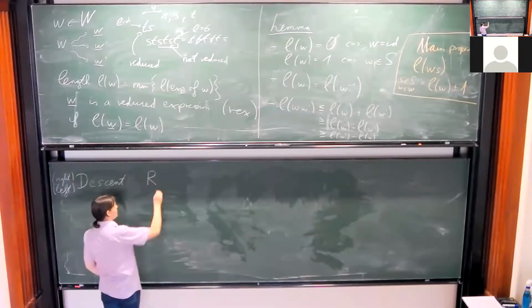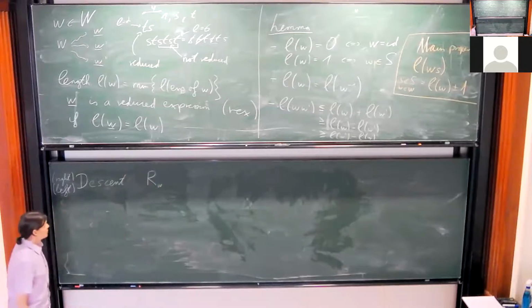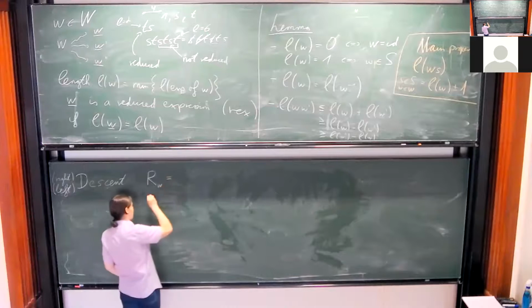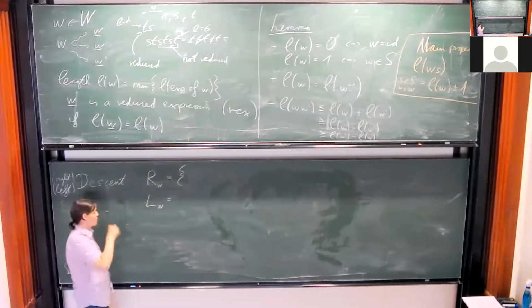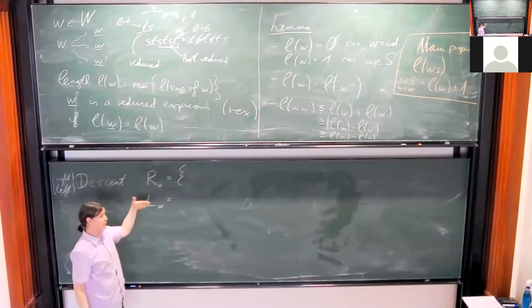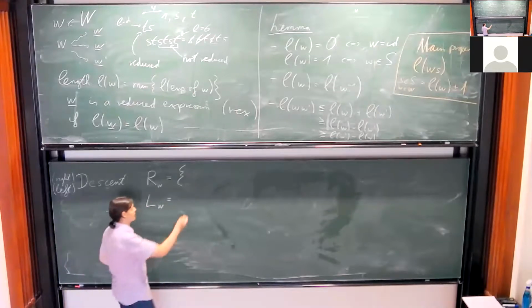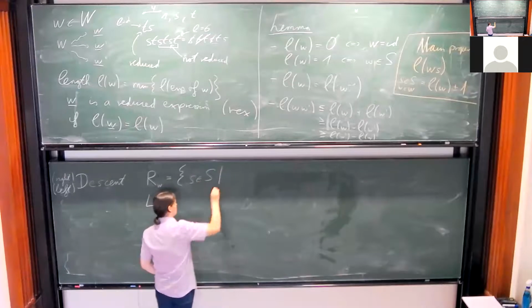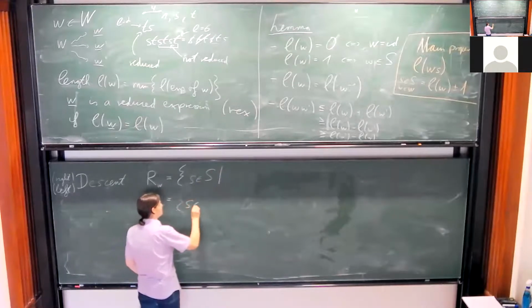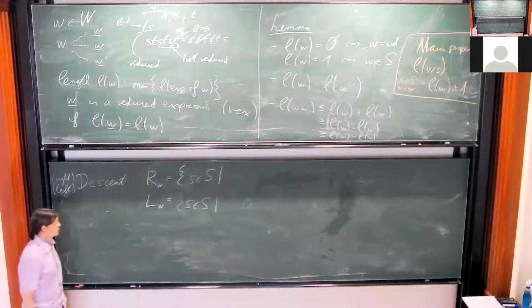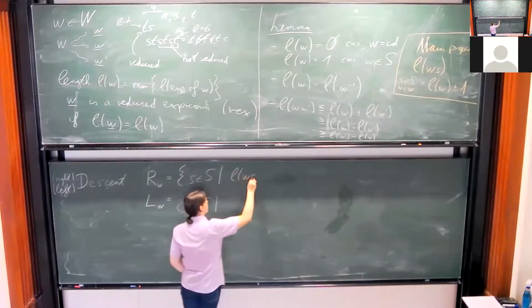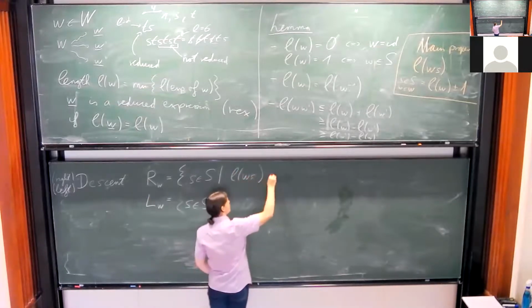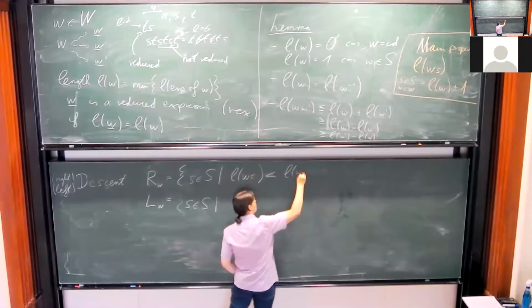The right descent of W is the set of all S which makes it shorter by multiplying from the right, such that the length of WS, multiplied from the right, is shorter than the length of W. It's a descent.